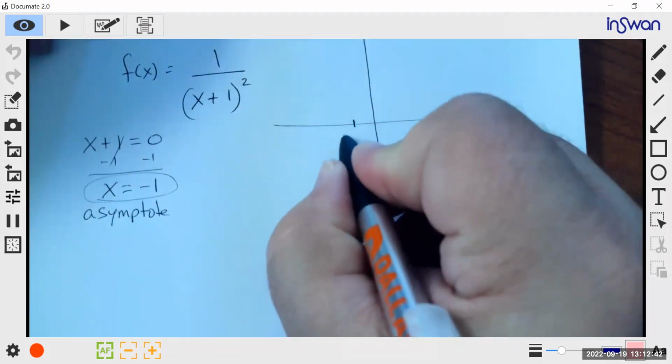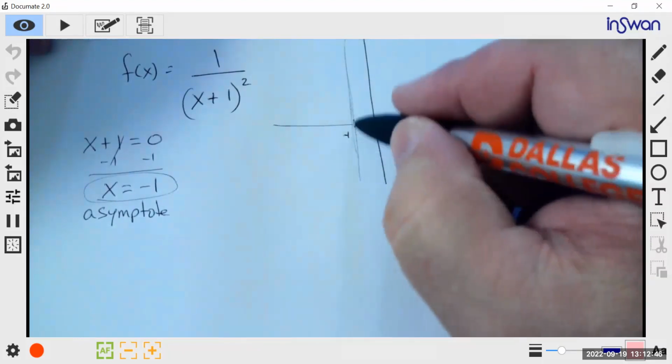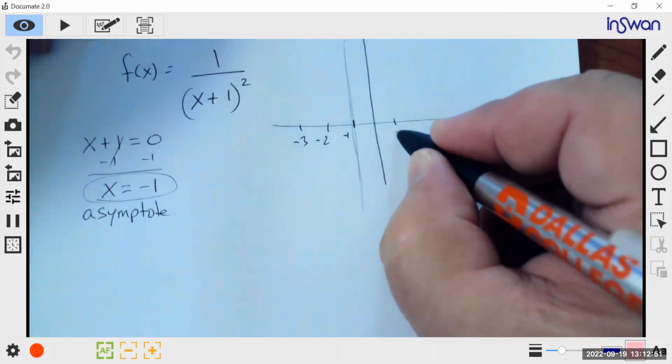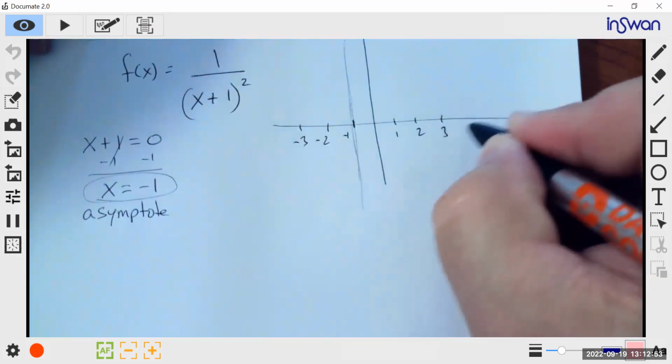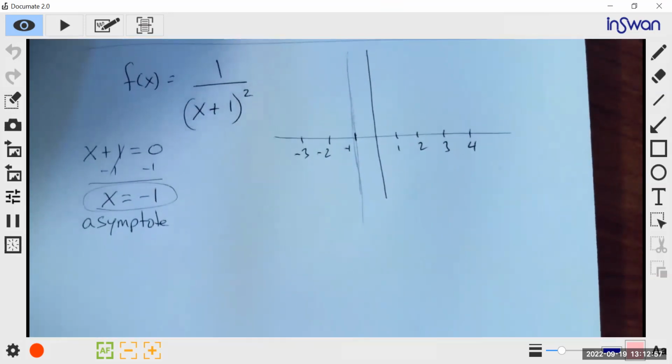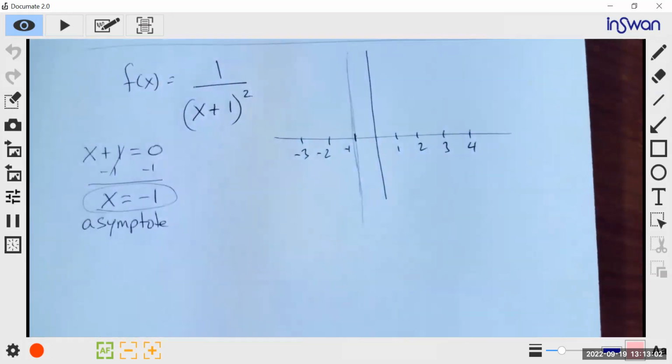At -1, we have a line that the graph cannot cross. Whenever you have a fraction, set the bottom equal to 0 and solve it. That'll tell you everywhere you cannot have an x-intercept.